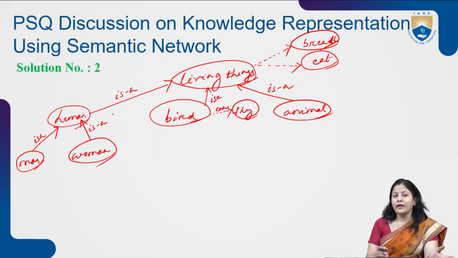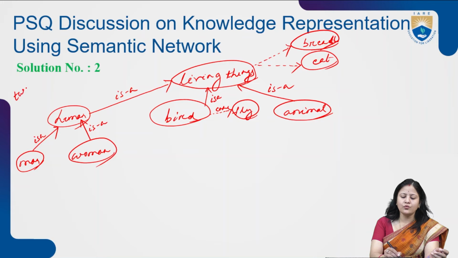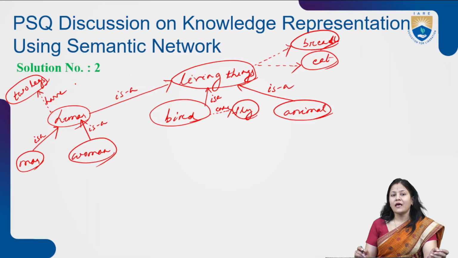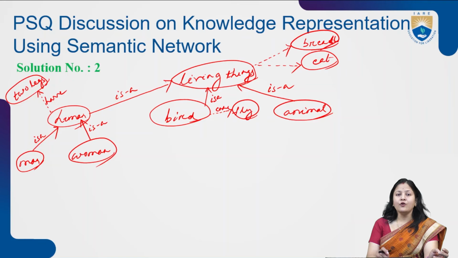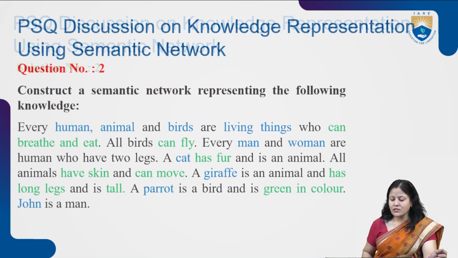And who have 2 legs? All human beings have 2 legs. So you can create 2 legs as another class, and the relation between human and 2 legs is an attribute: human have. So you can write the relation as have. Man is a human, woman is a human, and every human has 2 legs. Okay, so this is done.